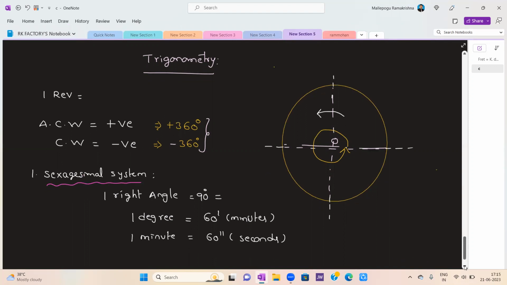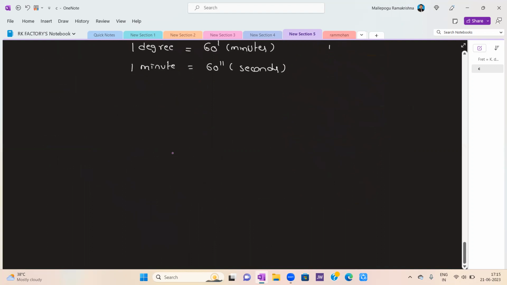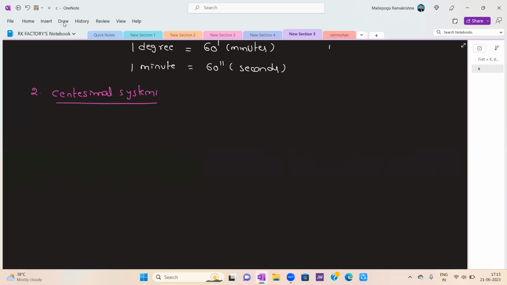If you go for the second system, that is the centesimal system. What is the meaning of centi? If you think about it, it is 100. The name itself represents that it is made into 100 portions.